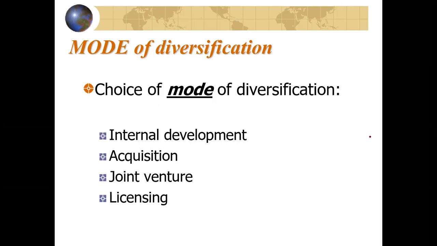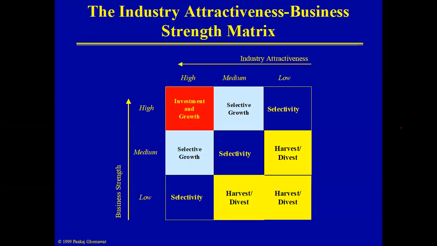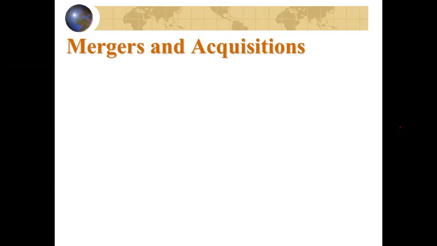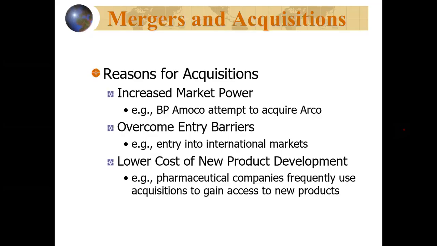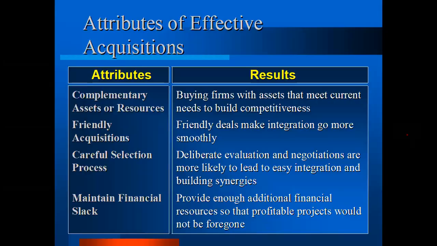This is also the ability to diffuse and develop new technology. You also have corporate entrepreneurship, if you are familiar with that. Please take note of the reasons for acquisition.